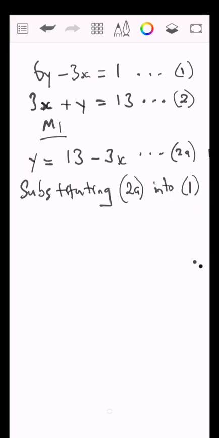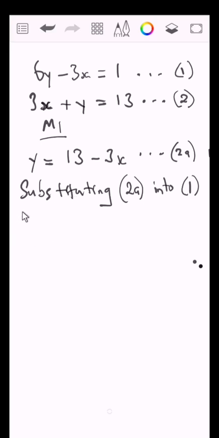Why are we substituting 2a into 1 instead of substituting 2a into 2? We cannot substitute 2a into 2 because 2a and equation 2, they are just the same equation written differently. So we need to substitute equation 2a into equation 1. How do we do it?